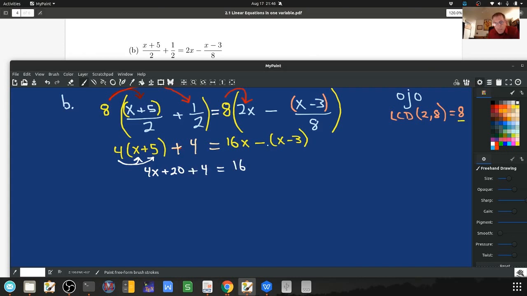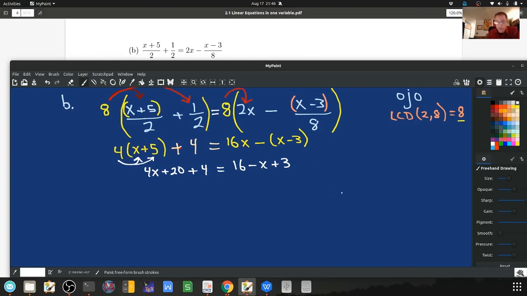That's the same as minus 1 times (x - 3). So minus 1 times x is minus x. Minus 1 times minus 3 is plus 3. And that's exactly the error you will get if you don't put this in parentheses. You'll have minus x minus 3, guaranteed.